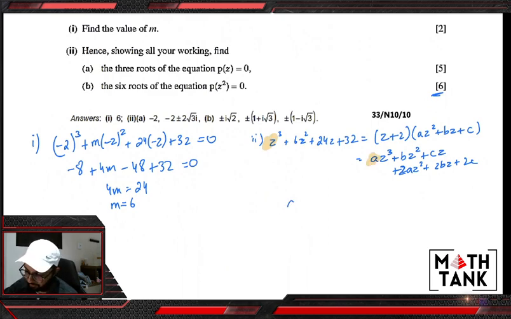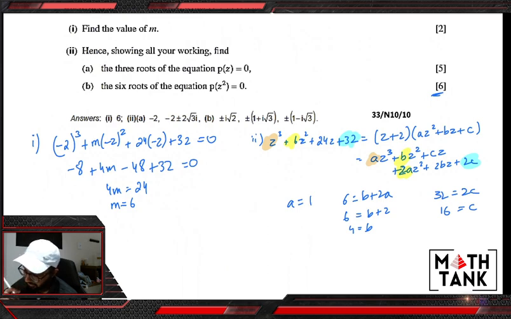So a is 1, 6 should equal b plus 2a, so b is 4, and 32 equals 2c, so c is 16.